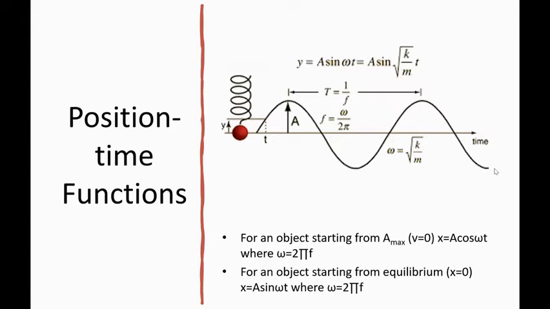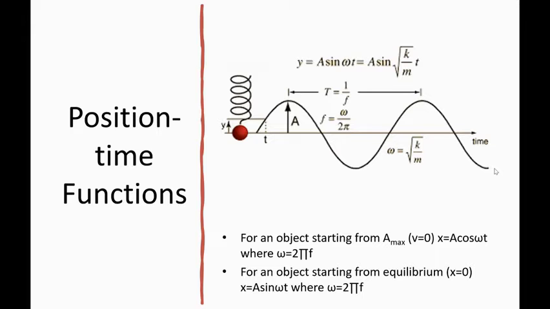It's this repeating pattern. And you'll see here I have this equation, y equals A sine omega t, and that equals A sine square root of k over m times t. But really, I want you to see this diagram and these two notes.